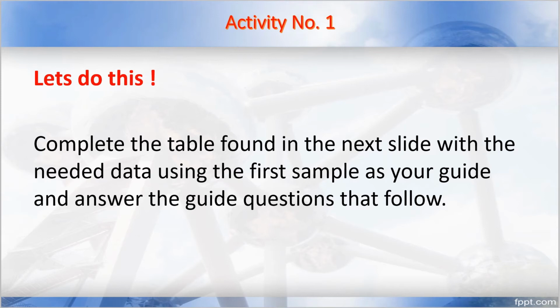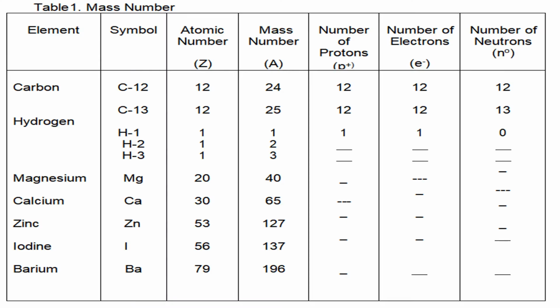I will flash on screen the table. This is the incomplete table wherein you are going to supply the missing numbers. Remember, the first two elements are the examples that you have to follow as your guide.